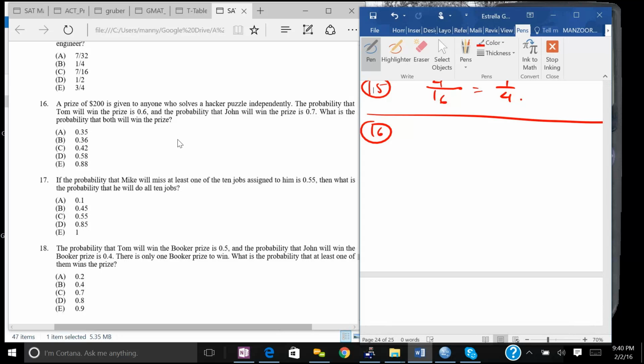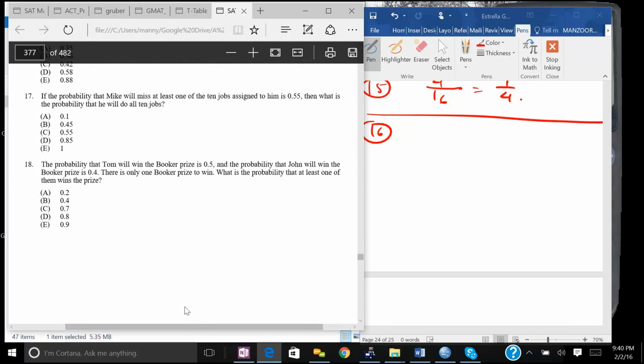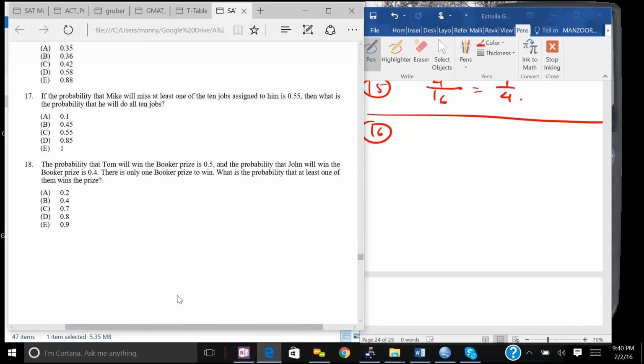See? 142? Yes, you're right. 70? B? Yes.